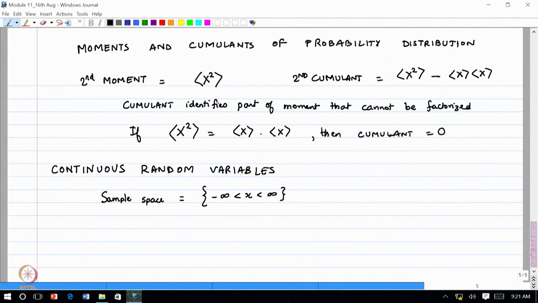You need not take that. I need not have a range from minus infinity to infinity. I could just have 0 less than or equal to x less than 1. This is also continuous. So the sample space should become continuous.